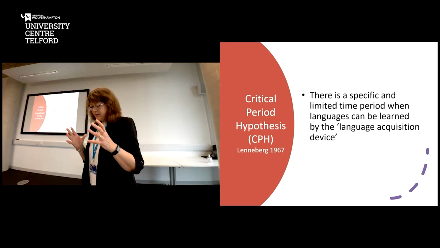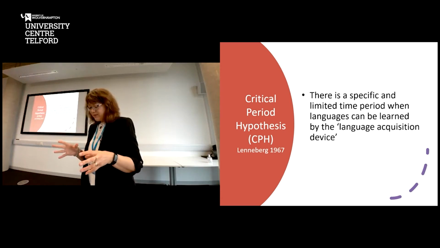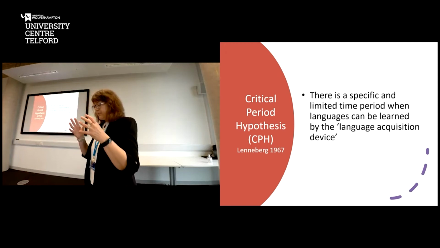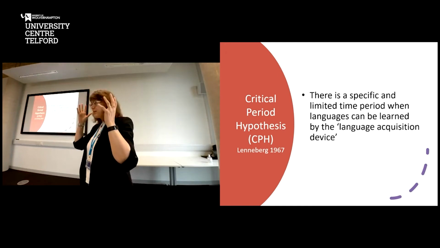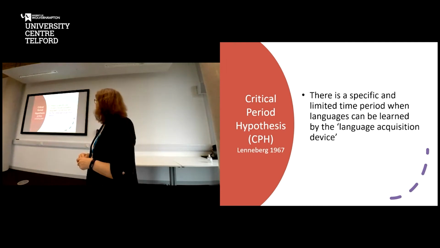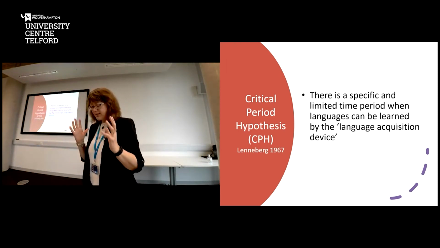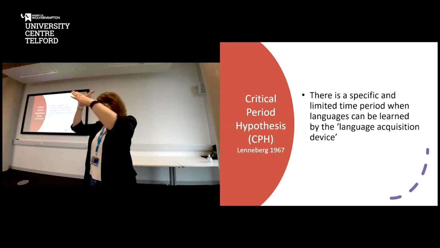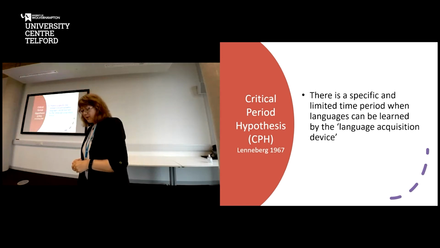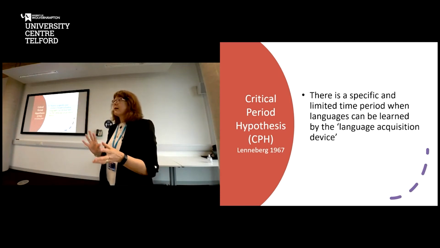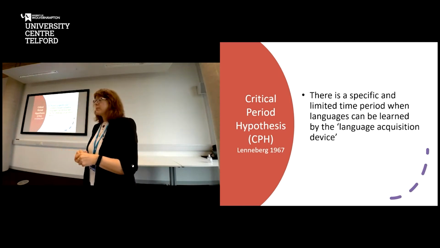So the suggestion is that the different parts of the brain become more fixed at puberty, so the different functions of the brain and brain lateralization, the idea that everything crosses over, becomes fixed at puberty, and it's after this time that the brain starts to lose its plasticity.